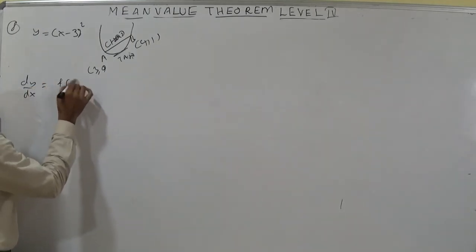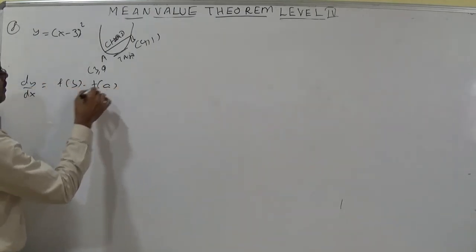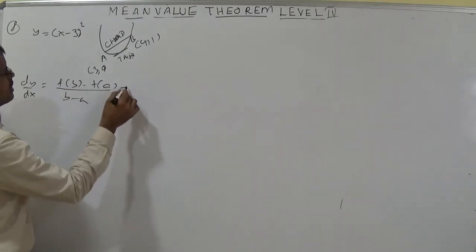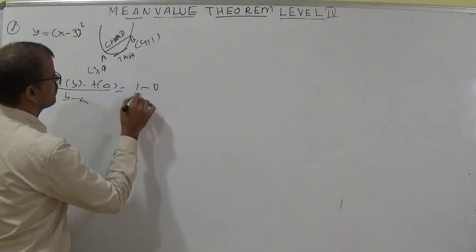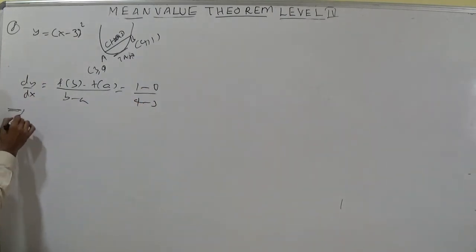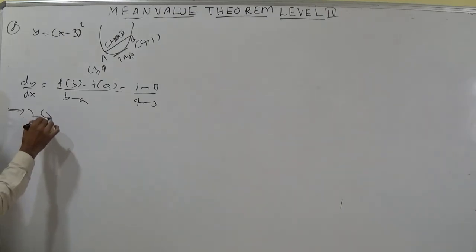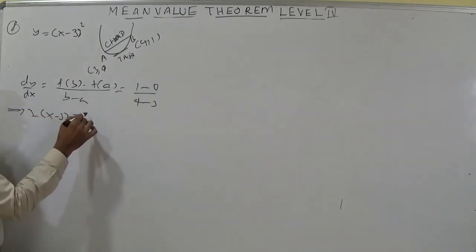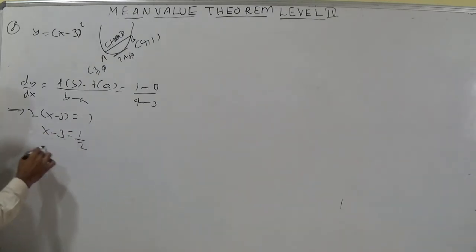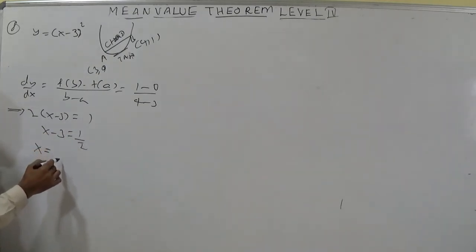So according to geometrical interpretation, dy by dx is equal to the slope of the chord, f of b minus f of a by b minus a. You can write here 1 minus 0 by 4 minus 3. That implies, what is the value of dy by dx? 2 into x minus 3. 2 into x minus 3 equal to 1. So x minus 3 is equal to 1 by 2. So x is equal to 3 plus 1 by 2, so it is 7 by 2.